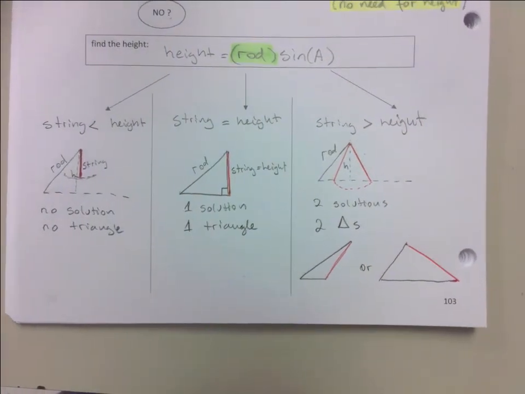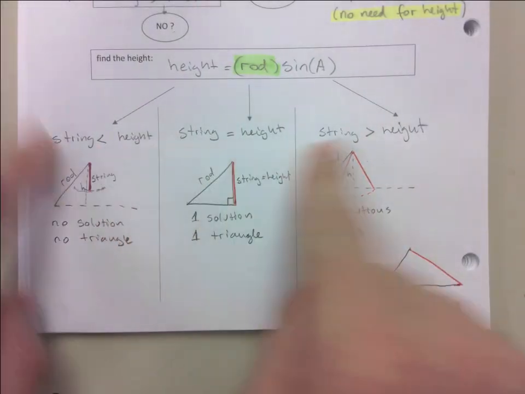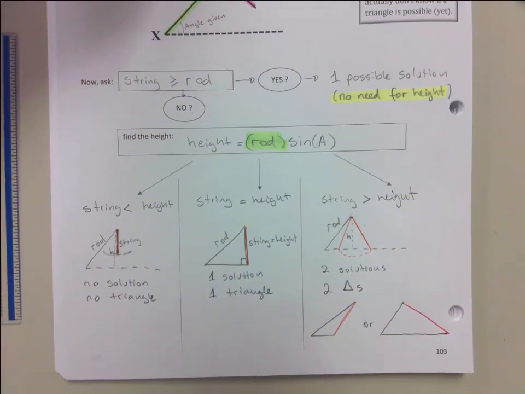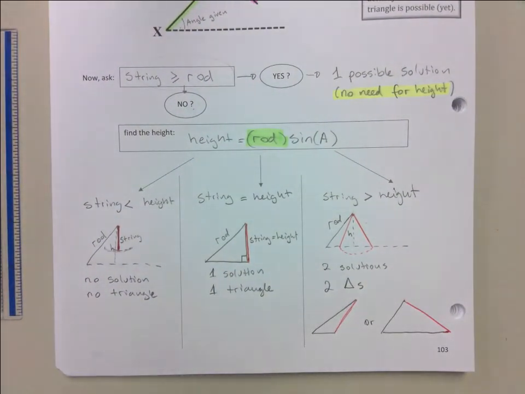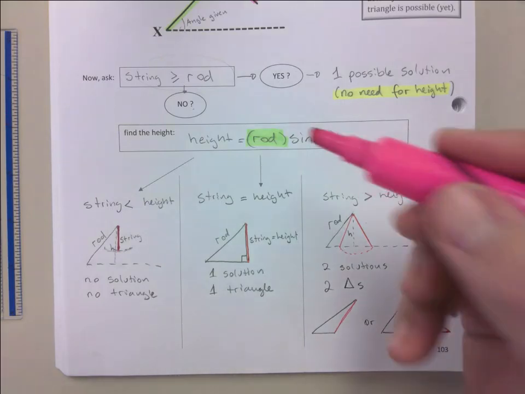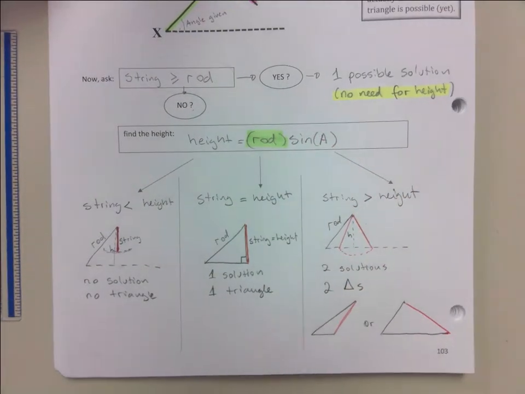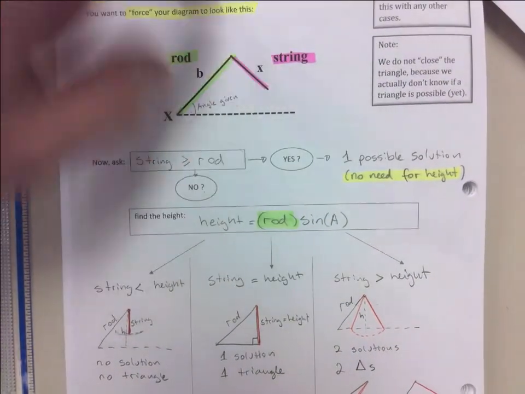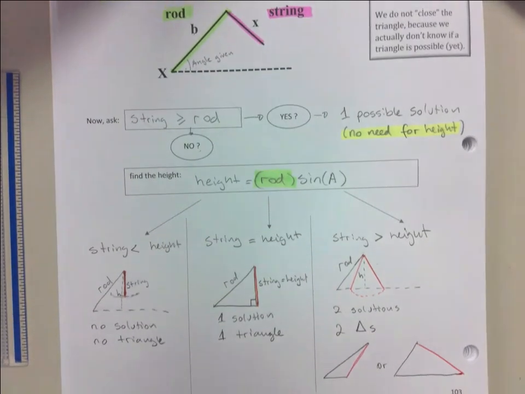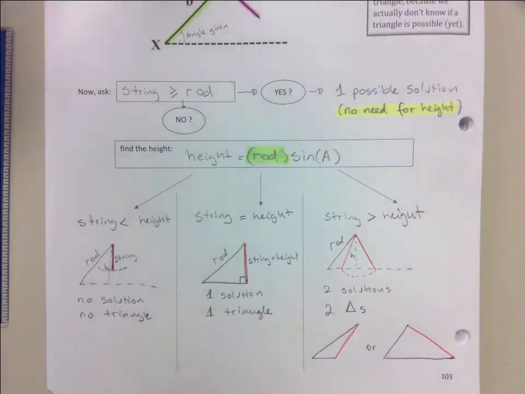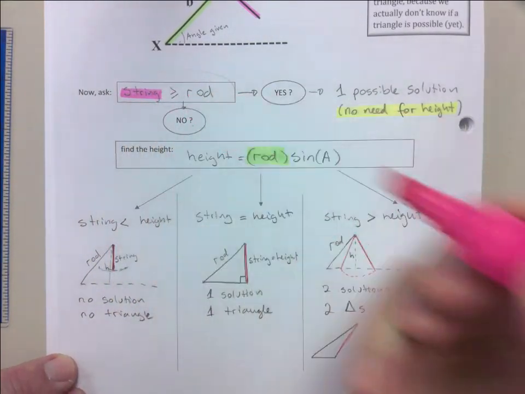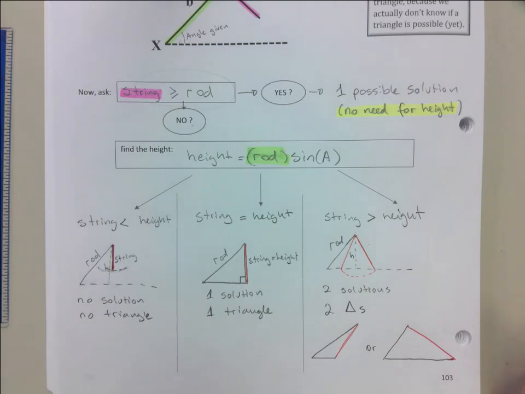In every single scenario, let's zoom out here a little bit. I'll add some pieces here. The string, what color did I highlight string with? I used pink. Use the same color you used for string up here. I'm going to say string is like the main character in this whole story.